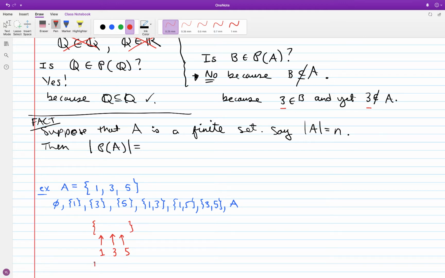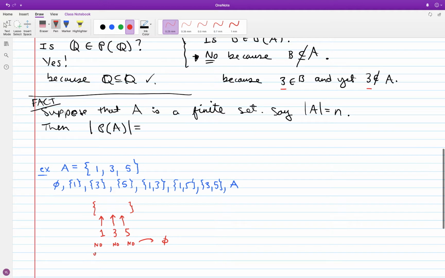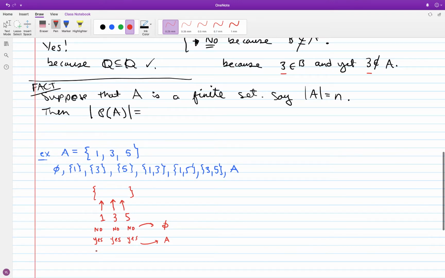If I say no to each of those choices, then I'll construct the empty set, right? If I say yes to all those choices, then I'm constructing the set A, right? And then I can do any combination of no's and yeses. I could say no to 1, yes to 3, and no to 5, and that's going to create the subset {3}.